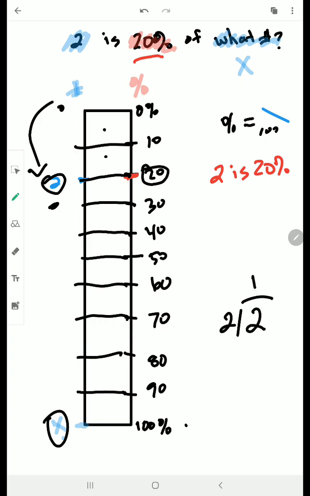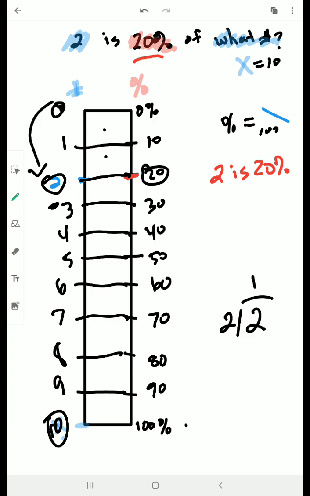You probably already knew we were counting by ones. So this is 0. This is 1, 2, 3, 4, 5, 6, 7, 8, 9. There's our answer. Our answer is going to be 10. X equals 10. 2 is 20% of 10.